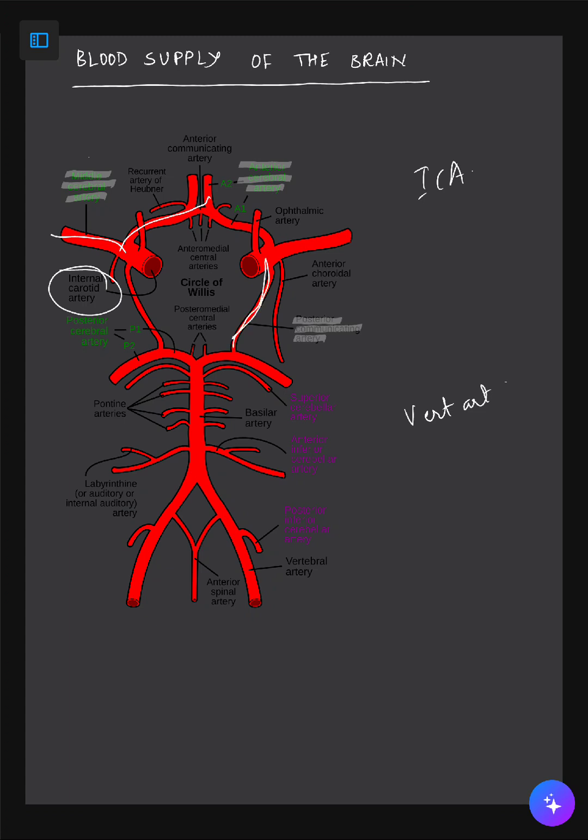And the vertebral artery gives the posterior inferior cerebellar artery, basilar artery and posterior cerebral artery. Due to the internal carotid artery and vertebral artery, a communicating circle of arteries is formed in the brain, which is called the circle of Willis.